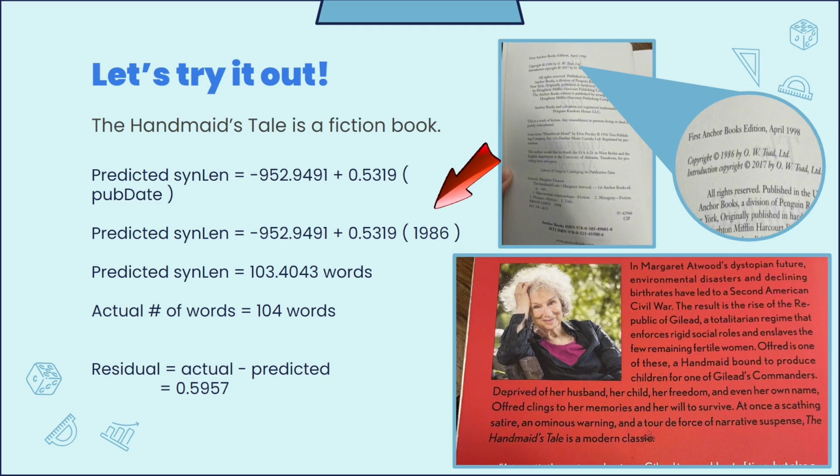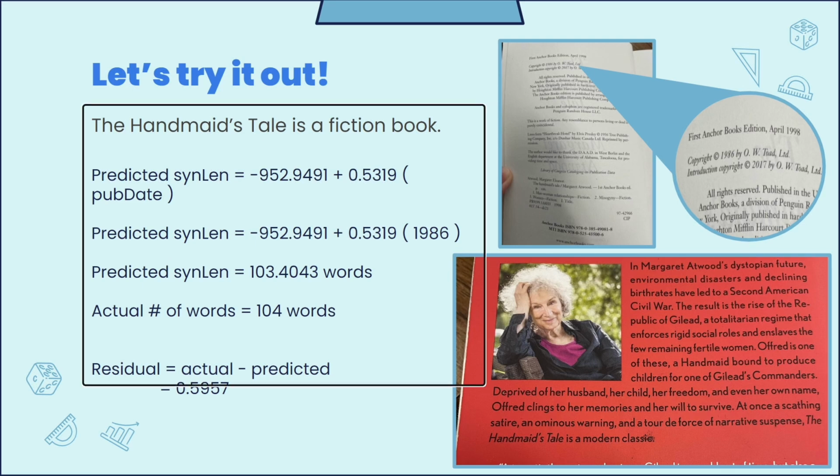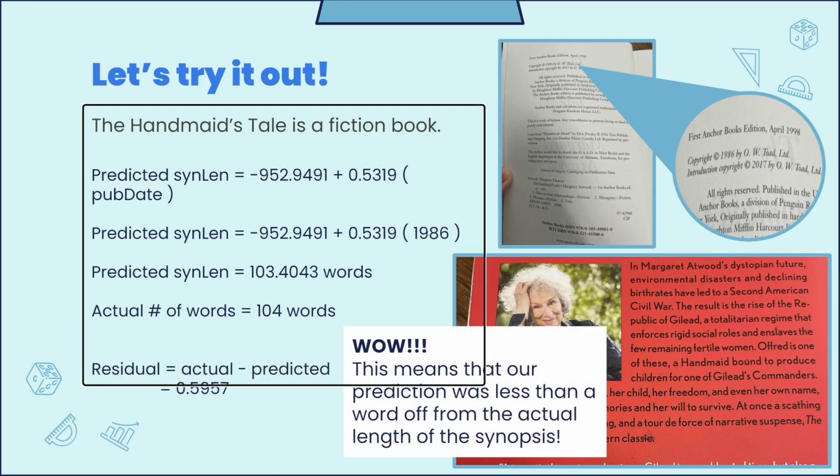Plugging in the 1986 into the equation, we get a predicted synopsis length of 103.4043 words. The residual, which is the difference between the actual and predicted values, is 0.5957 words. Wow! This means that our prediction was less than a word off from the actual length of the synopsis.